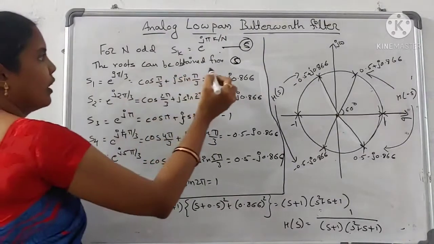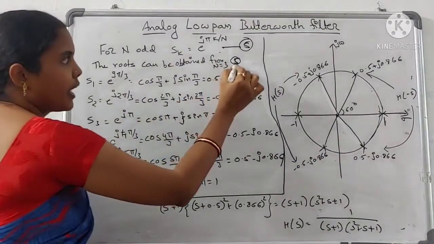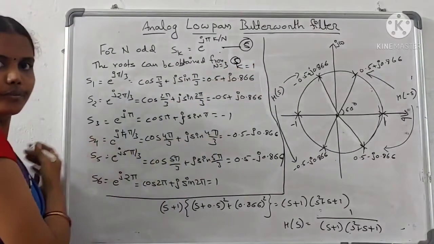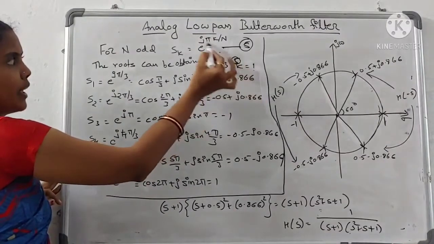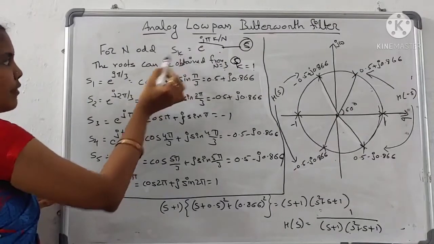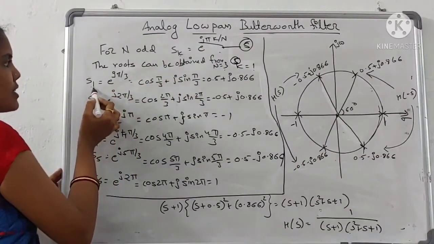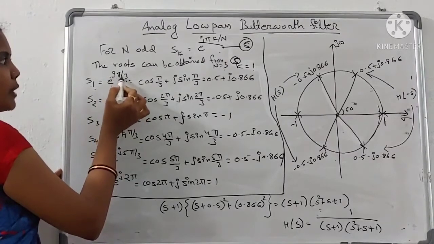From equation 5, n is equal to 3, k is equal to 1. Substitute n is equal to 3, k is equal to 1 in this equation. So for k is equal to 1, s1 is equal to e power j pi by 3.